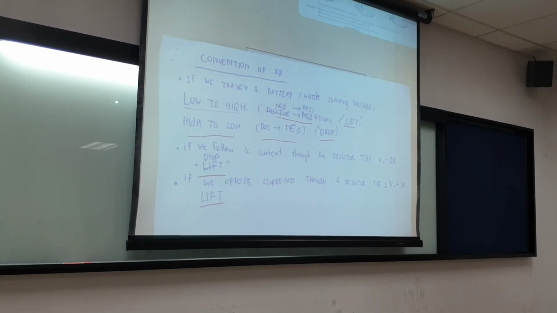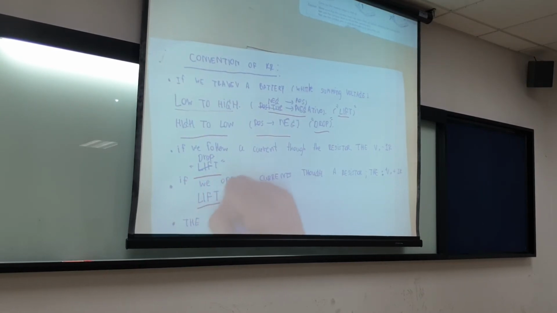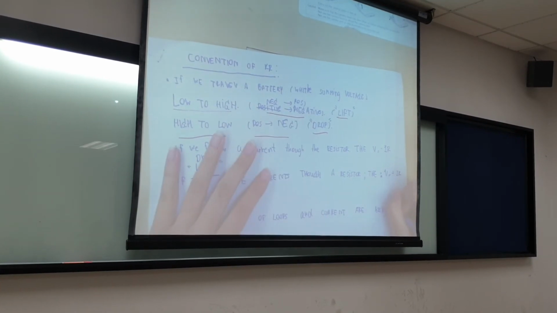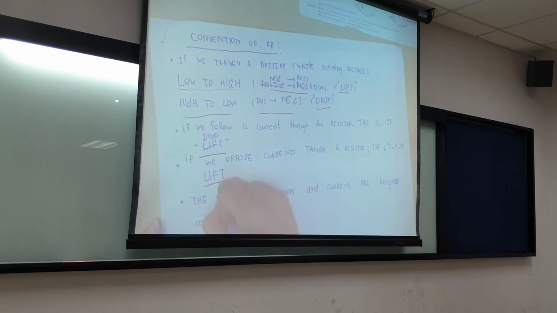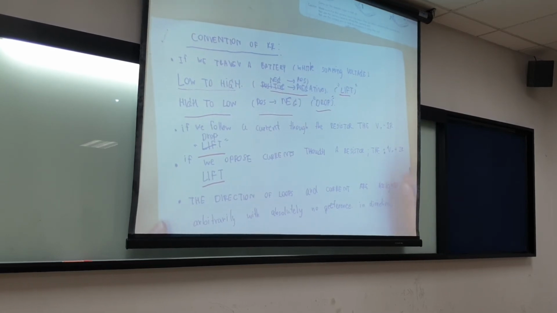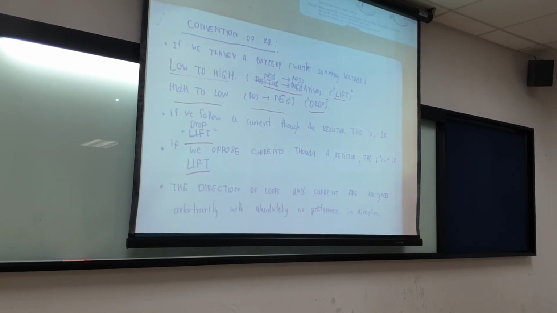The directions of the loop and currents are arbitrary, and we can choose them with absolutely no preference in direction. So long as the circuit is correctly analyzed using Kirchhoff's rules, the actual direction of positive charge flow will be revealed in our result.